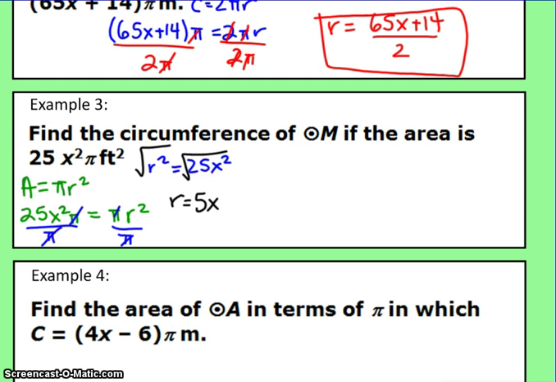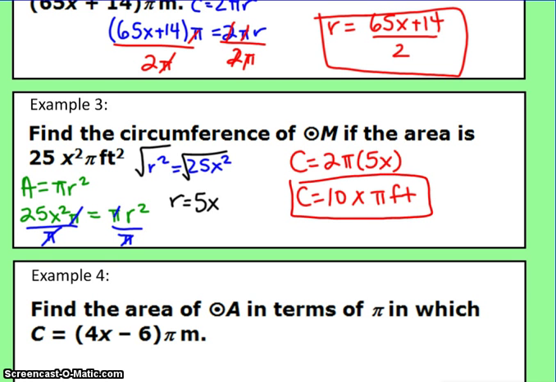So the radius is 5x, now I need to find the circumference. So I would use circumference equals 2 pi times r, and r is 5x in our case. So we have 2 times 5 is 10x pi, and then the units are just feet, because area would be feet squared.